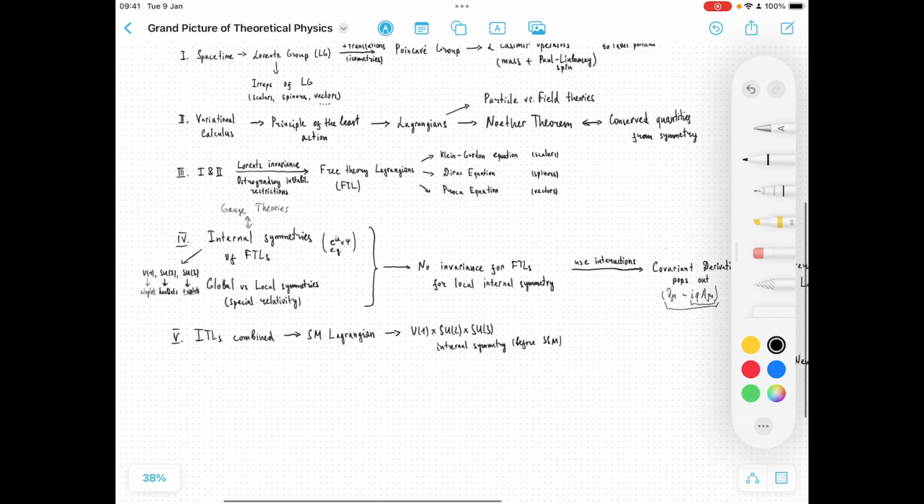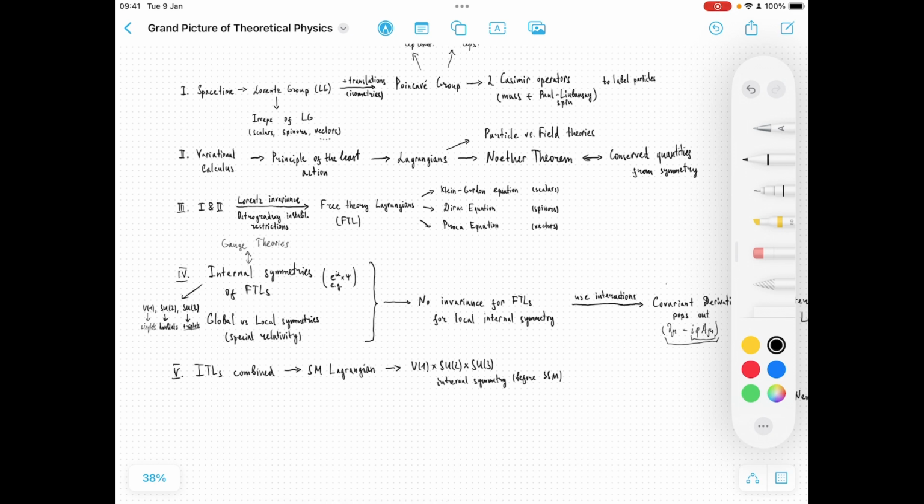So in some sense, you can see that I can simplify that picture. I tried to include a little bit more information here. But you just start with spacetime and the Lorentz group, add some bits of variational calculus, and produce free theory Lagrangians as the invariants, the Lorentz invariant pieces which could be constructed from the Lorentz group representations.